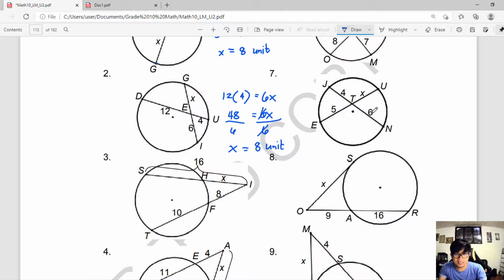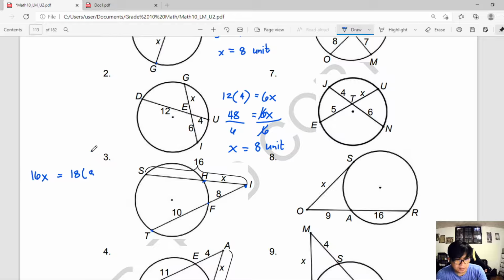So that is 16 times the external secant segment, which is x. So 16x is equal to the length of T, from this one to there, which is 10 plus 8. So that is 18 times the measure of the external secant segment, which is 8.